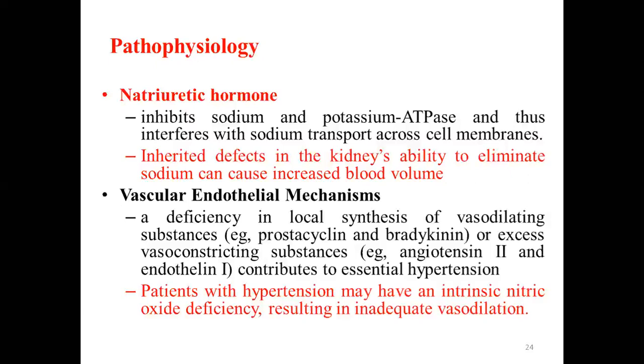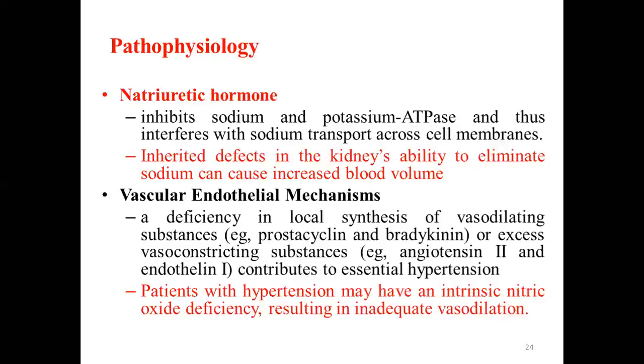Apart from that, as I mentioned in the previous lesson, in the regulatory mechanism, blood pressure can be regulated by vascular endothelial mechanisms. These are vasoconstrictor and vasodilating substances. If there is an imbalance between the two, this results in hypertension, like a deficiency of vasodilating substances and excess activity of vasoconstricting substances. They can lead to essential hypertension.